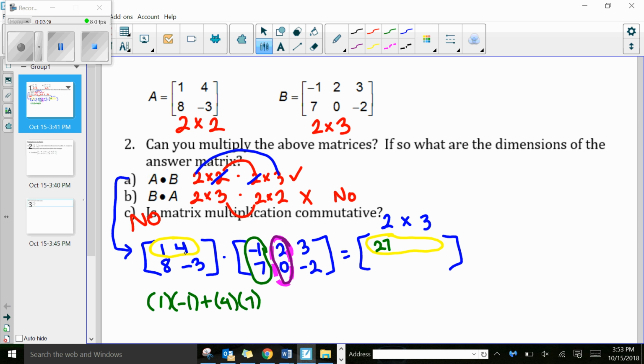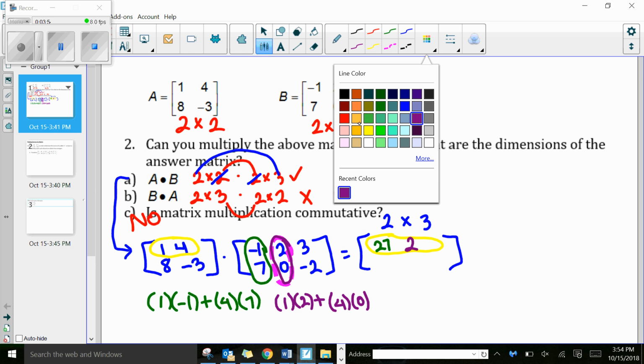So I'm going to do again the first number 1 times the first number 2, so 1 times 2, and I'm going to add that to the second number 4 times the second number 0. That's going to tell me the number here. So that ends up being 2. So I put the 2 right there.